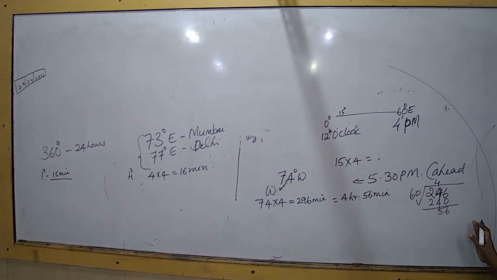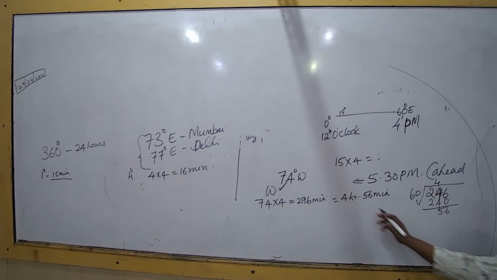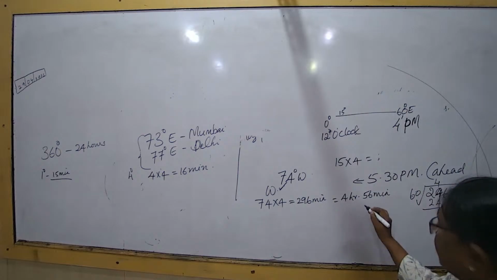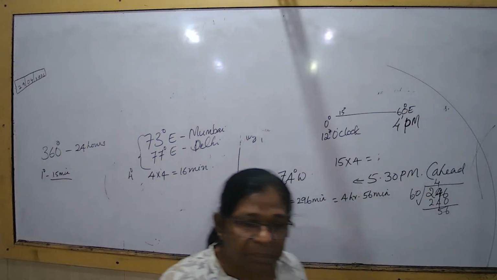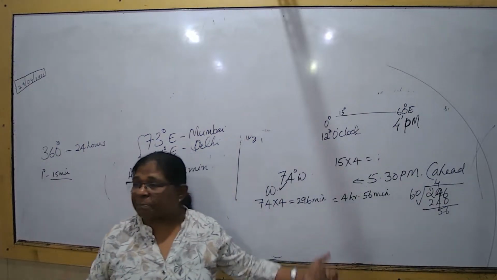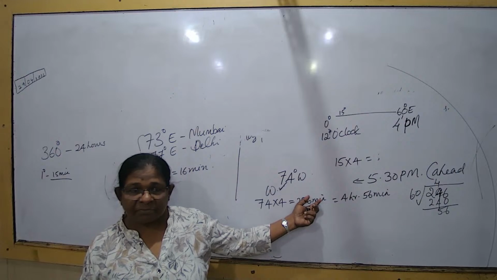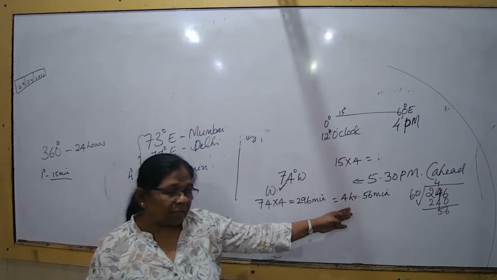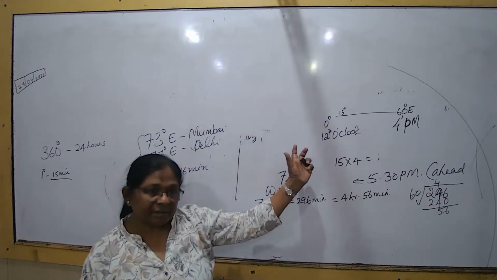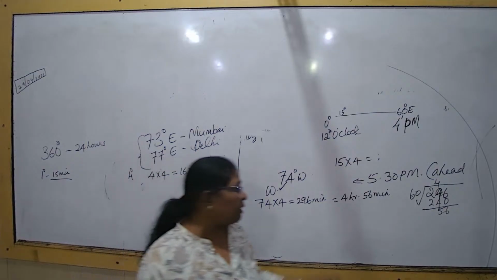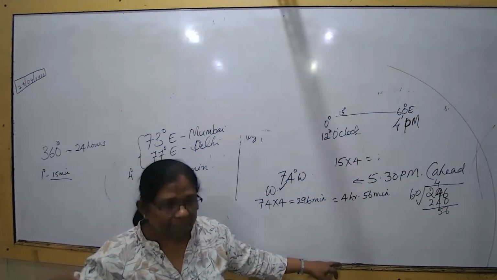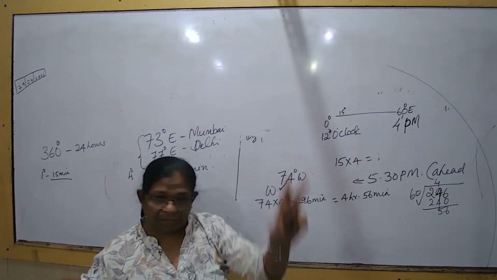240, then the balance is 56. So 4 hours 56 minutes. Will that go minus or plus? This is minus. Subtract from 12 hours. So 12 hours is there at the 0 degree. Understood?